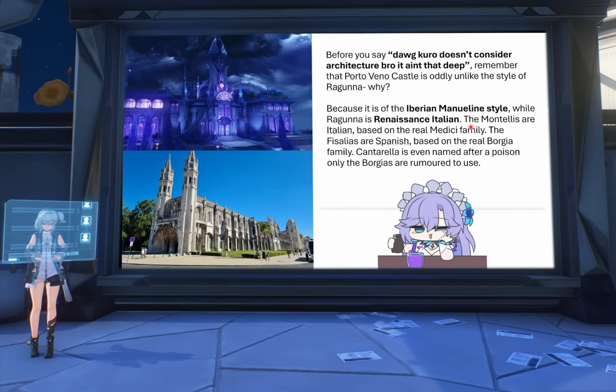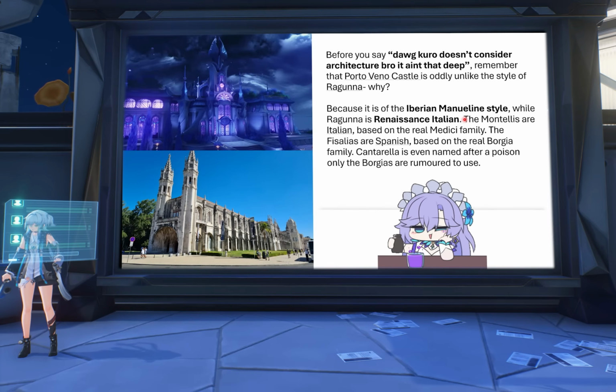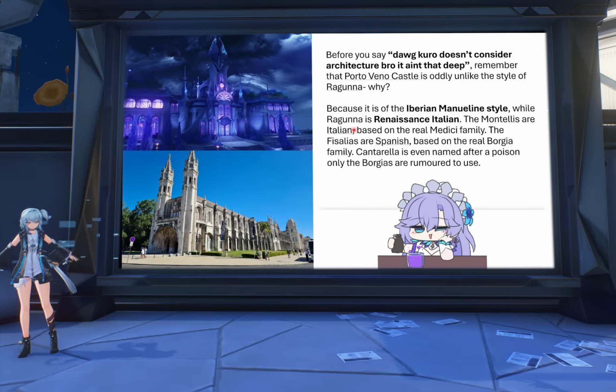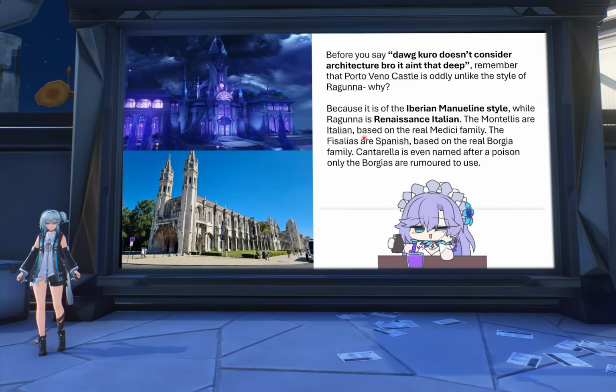What's really interesting is that the reason why it's so easy to see that it's based on the Manueline style is because the rest of Rinascita, like Ragusa, is based in the Renaissance Italian style. The Montellis are Italian because they're based on the real Medici family, and the Thessalias are Spanish because they're based on the real Borgia family.